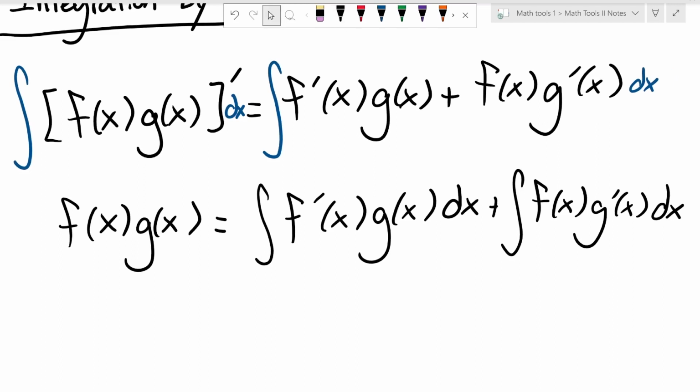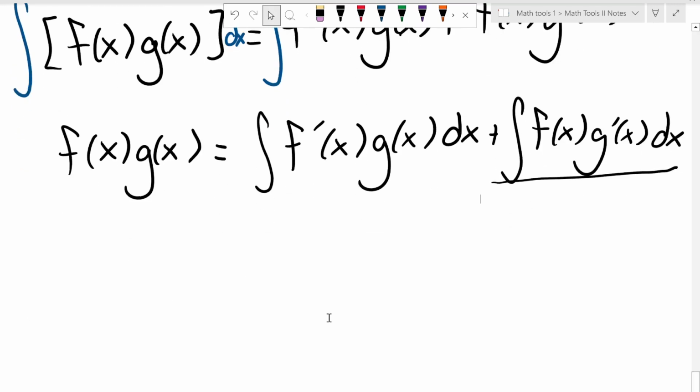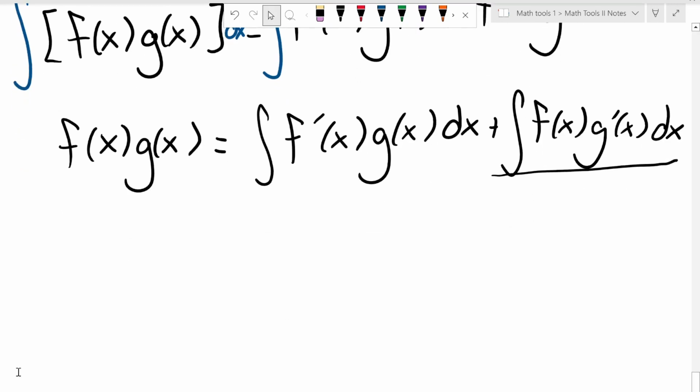Now we're basically going to rearrange this so that we have a formula for this part right here, which will allow us to solve for integrals that are of this form, which is something that we're missing. So we'll just subtract this middle part, the f prime times g of x, from both sides, but I'll rewrite it to put the part that we want on the left.